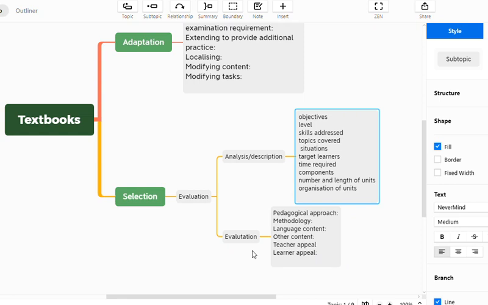In the future, I will actually elaborate on evaluation and also the norms, the standards, the criteria, the checklist used for evaluation.